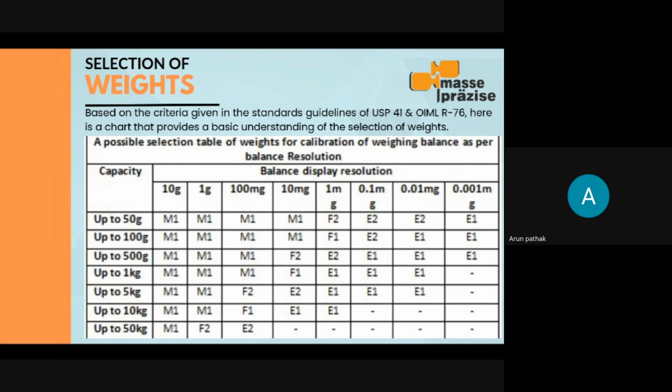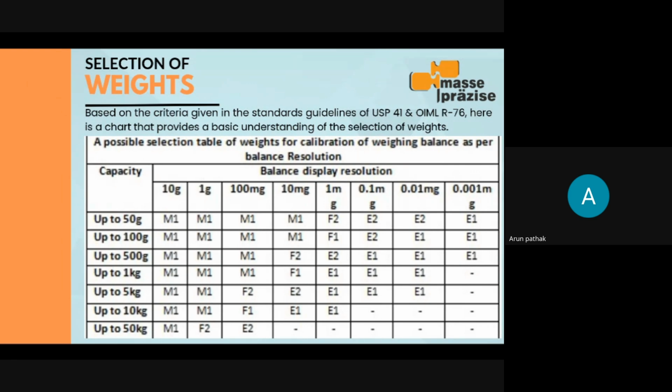Suppose the 50-gram balance has a readability of 0.001 milligram, that means a microbalance. Then the weights required for the calibration or verification of this balance will be E1. If the same 50-gram balance has a display resolution or readability of 0.02, then E2 class weight may be preferred. If the weighing balance has a readability of 0.1 gram, E2 class will be preferred. If the balance has a readability of 1 gram, F2 class will be preferred.